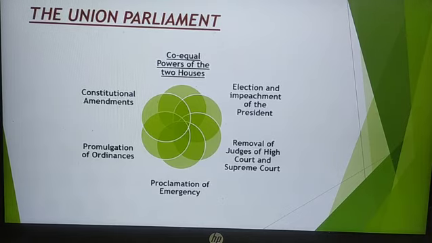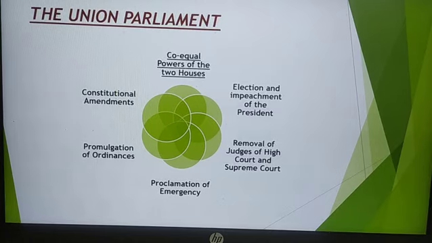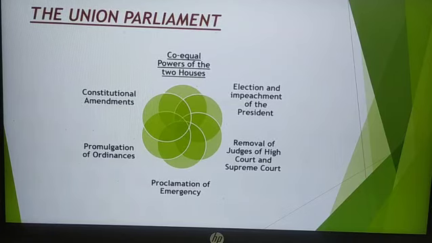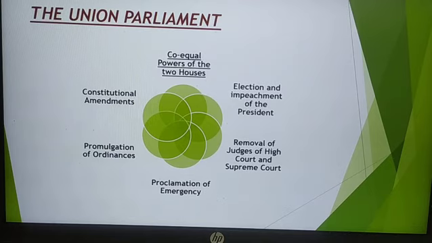So both have been given equal power in this case, even for impeachment, that is the removal process of the president. Next, removal of judges of the Supreme Court and High Court. In that case also, both the houses have been given the same power. Next is proclamation of emergency, promulgation of ordinances and constitutional amendments. So in all these 5 places, both the houses have been given equal footing.